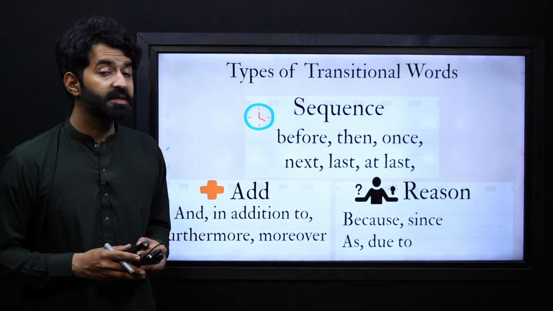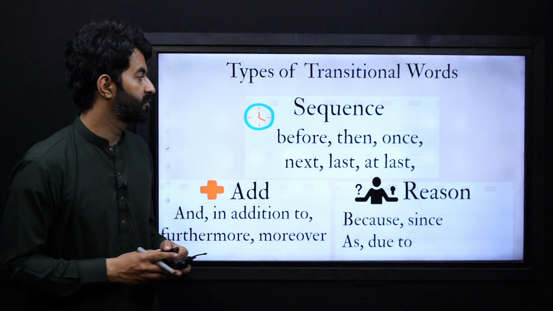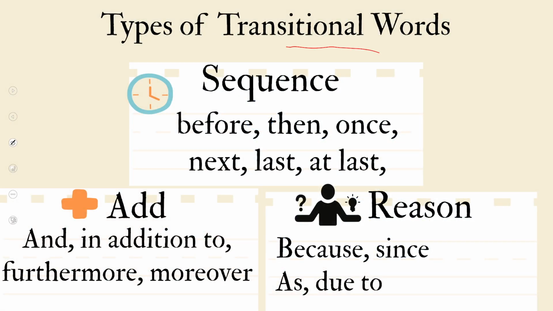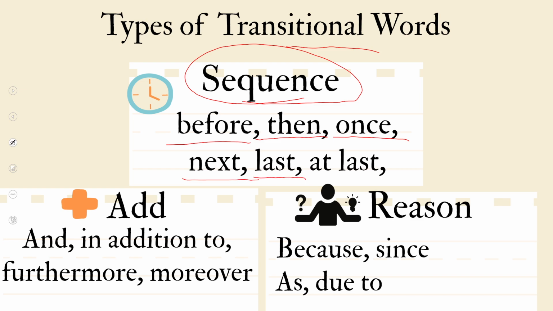Now let's see how many types of transitional words we have. For sequence, we have words that keep our sequence intact: before, then, once, next, last, at last. All these are transitional words for sequencing our written work or our paragraph or passage. Also we have transitional words for addition.